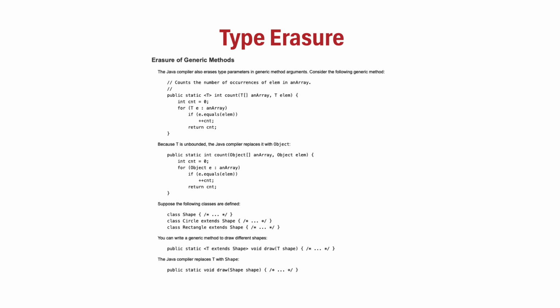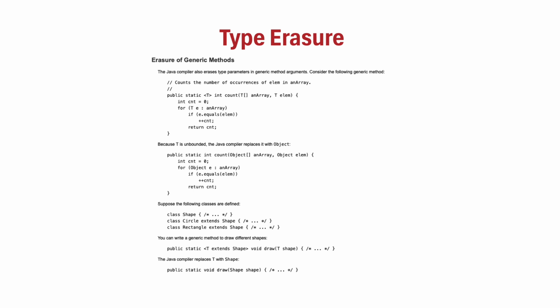T is a type parameter, so the Java compiler replaces it with Object. Object is the superclass of all the classes in the Java programming language. Hence it uses Object as a replacement for T.